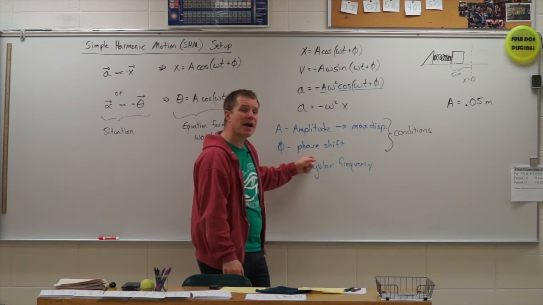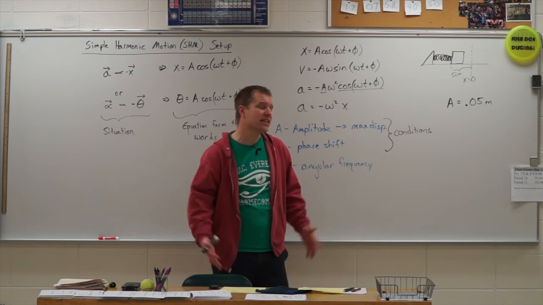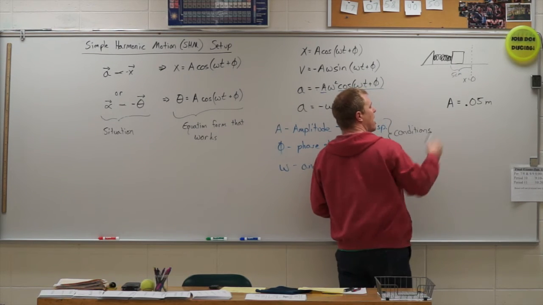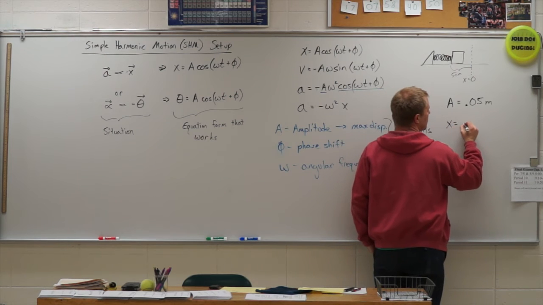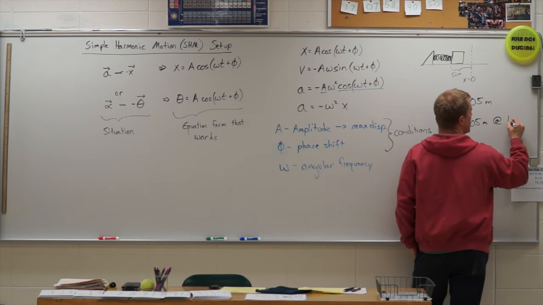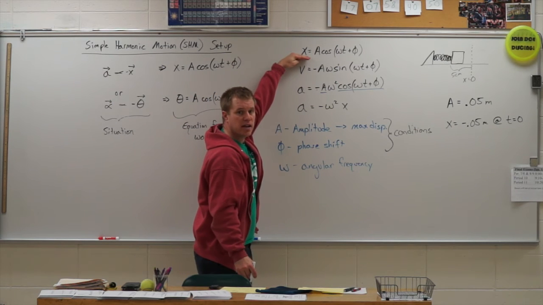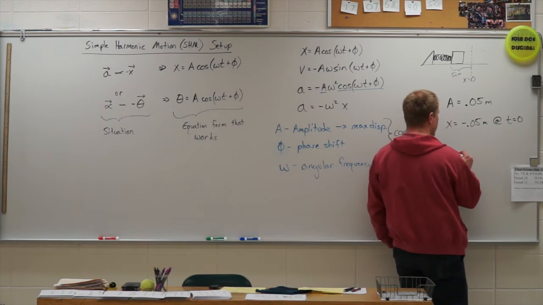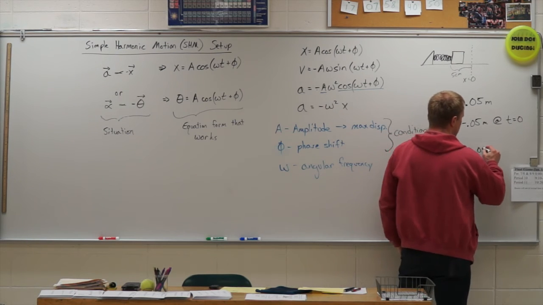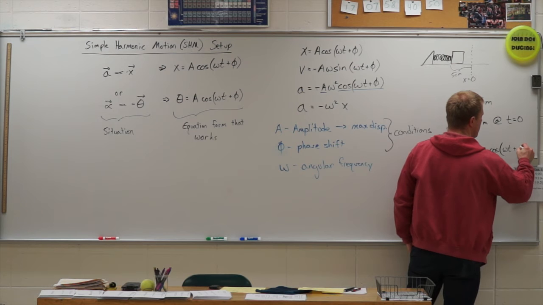To find the phase shift, you say, well, what is the condition I know? At time 0, I know I'm at this position, negative 5 centimeters. So I know that x is equal to negative 0.05 meters at t equals 0. I plug that into my equation. I get negative 0.05 equals my amplitude, 0.05, times the cosine of omega t plus phi.